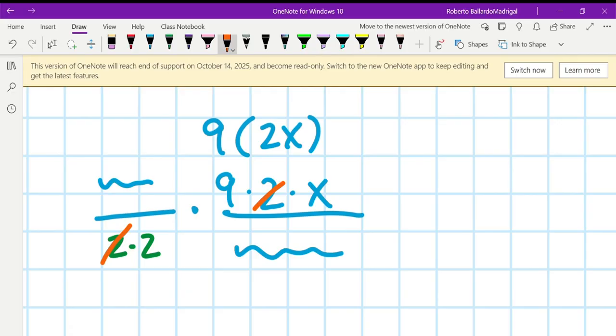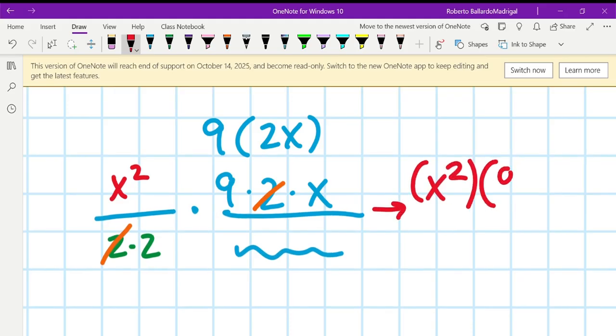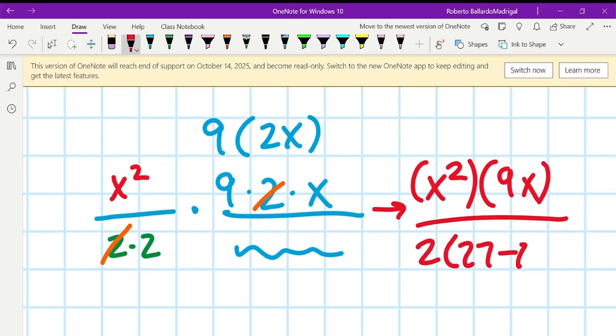Yeah, so here we had x squared, so it's the product of x squared and 9x. And then the bottom we had a 2 and the product of 27 minus 2x squared, which you would then distribute. And that's how we get that. Is that better?